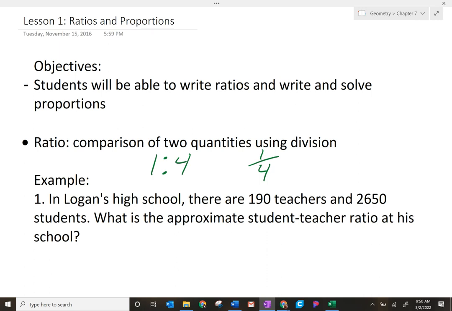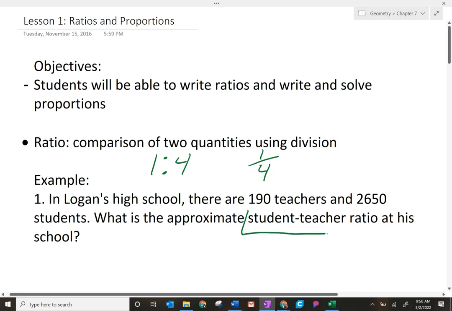So for example 1, it says in Logan's High School, there are 190 teachers. There's 2,650 students. What is the approximate student to teacher ratio? The key way that they have described it is it says student to teacher.